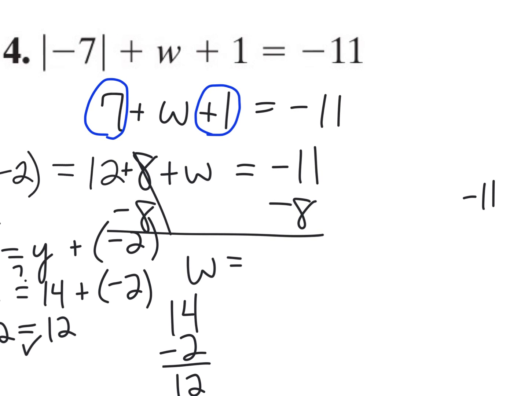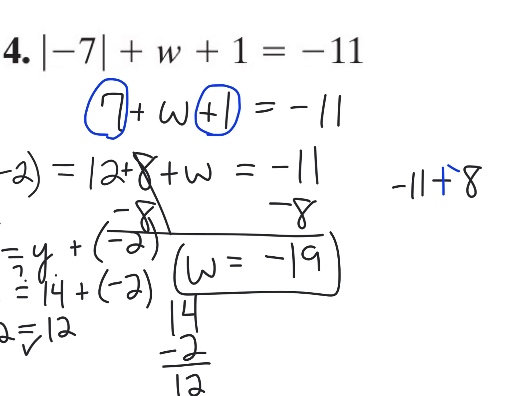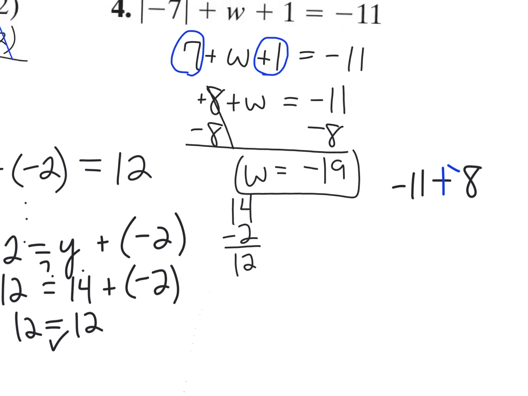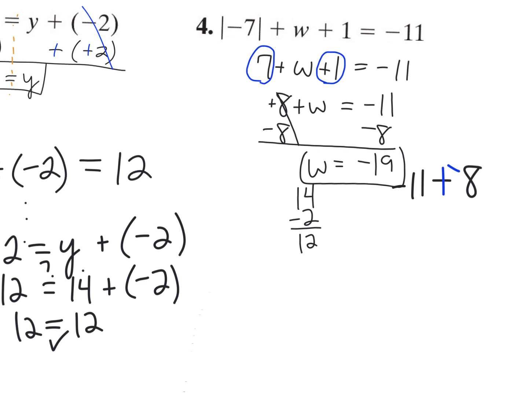And this one you can add the opposite here, and that would be negative 19. So if we go to check this, put a negative 19, substitute that in place of the w.